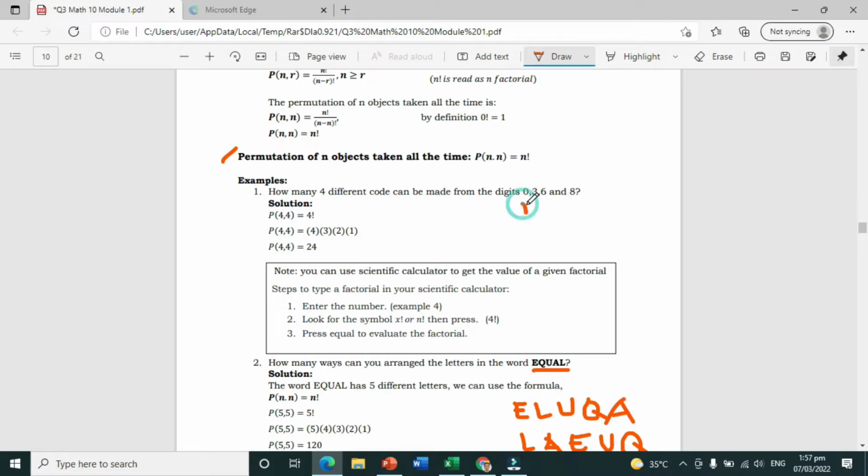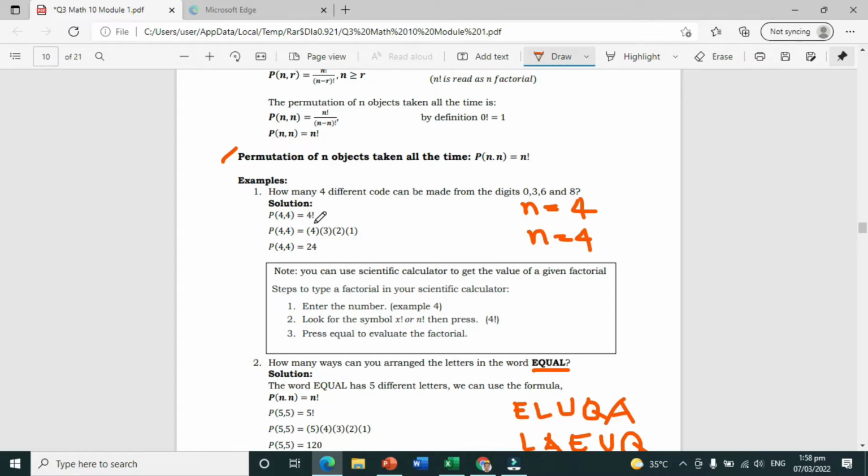Yung n natin dito is equal to 4. Tapos, ilang numbers ba yung gagamitin natin? So, same pa rin. n is equal to 4 pa rin. So, we have P(4,4) equals 4 factorial.